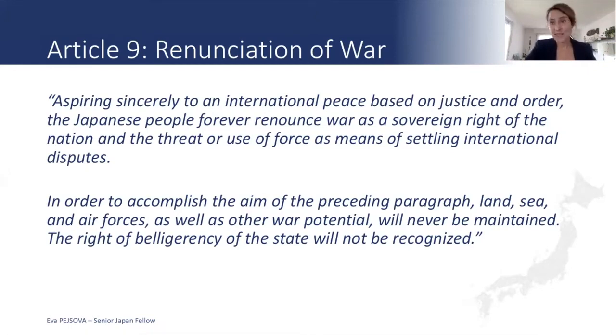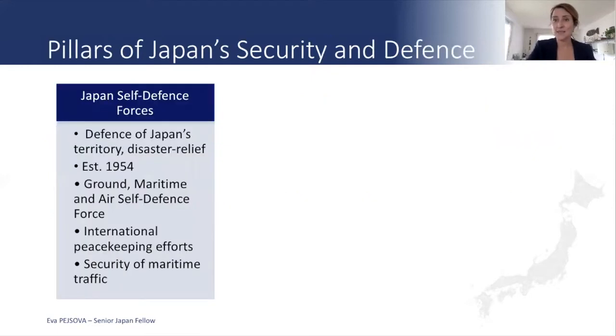Now, that does not mean that Japan is left completely defenseless. Already in 1954, Japan was allowed to establish its self-defense forces to provide for the security of its national territory, to address all the domestic threats, disasters, terrorism, you name it.